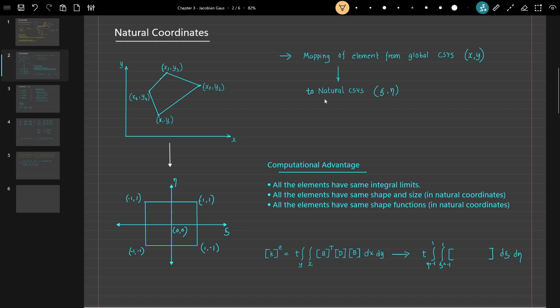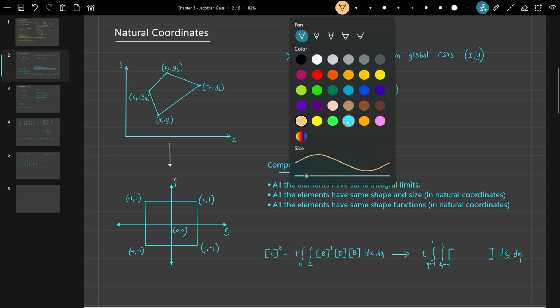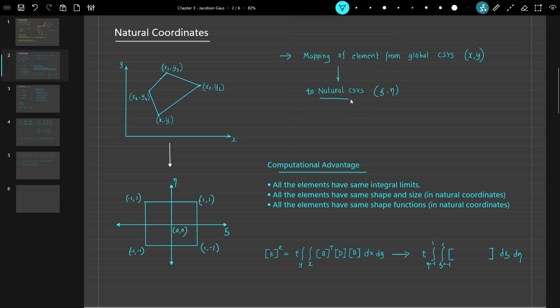You can understand the natural coordinate system as something like a local coordinate system, though it is not exactly a local coordinate system, but we can draw a similar analogy for understanding purposes. The natural coordinate system is zeta eta.